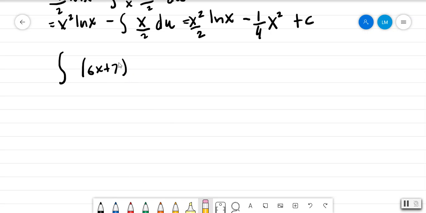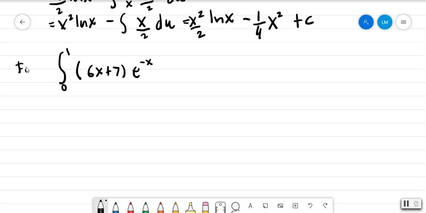Let's go ahead and rewrite that just a little bit just so that it's nice. So we have the integral of 6x plus 7 times e to the negative x, and this is from 0 to 1. Now note that we can try to implement a u substitution, but it's going to get a little more complicated, so I'd rather just avoid that.